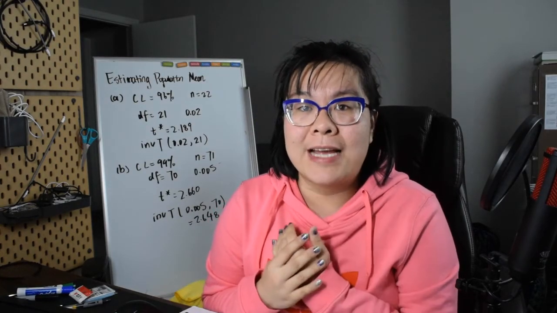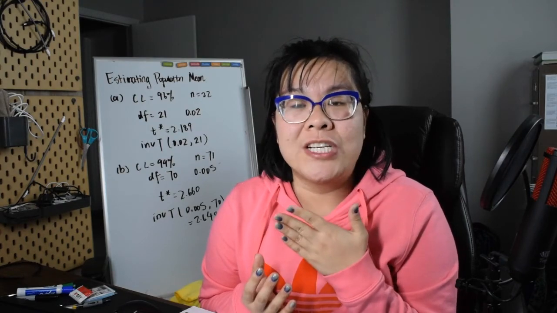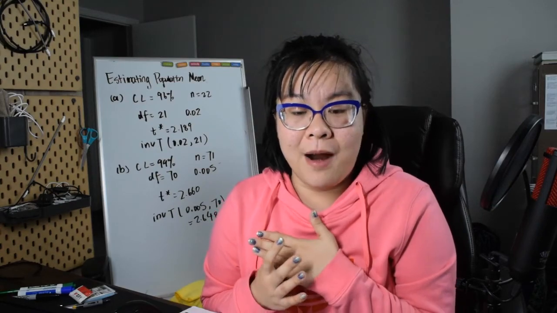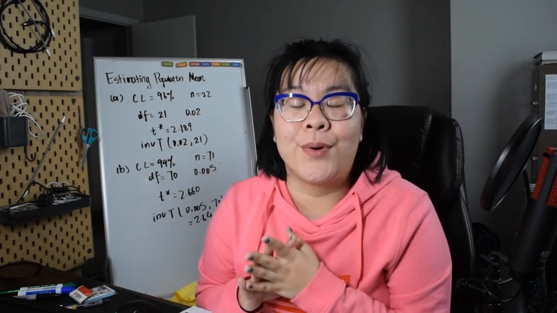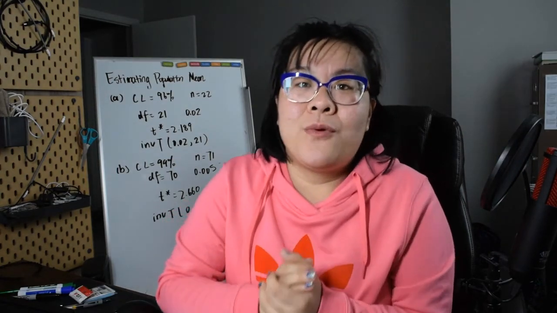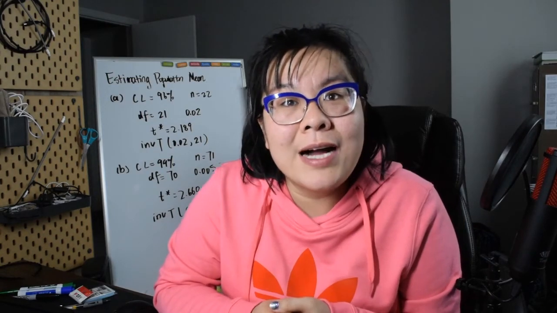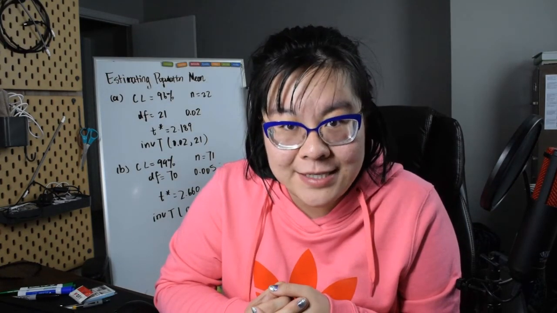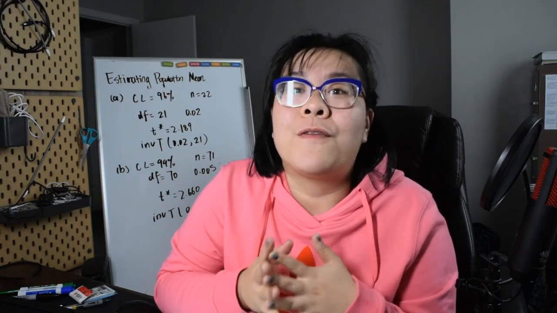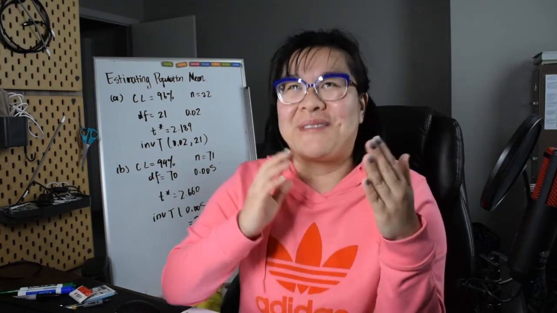You have to check if they meet all 3 conditions, which are random, 10%, and also check for normal. If they meet all the conditions, you can calculate your confidence interval with your formula. And in tomorrow's lesson, we're going to talk about how to construct and interpret a confidence interval for population mean, where we're also going to repeat our 4-step process. So we will have a good time there.